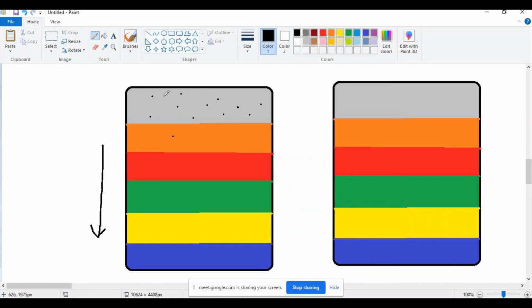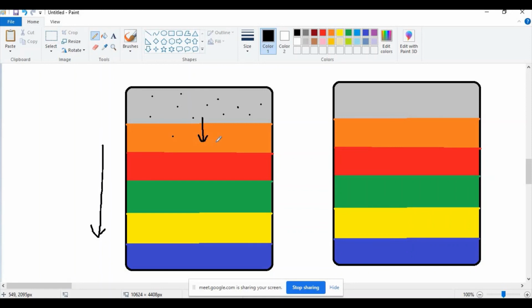Here the density of the medium is very much less than the density of these particles. So these viral particles will move from here to here. Here the density of the medium is increasing. Now they have reached a zone where the density is a little bit more.